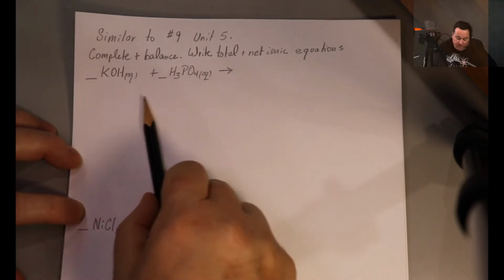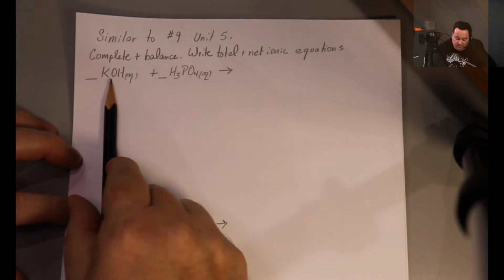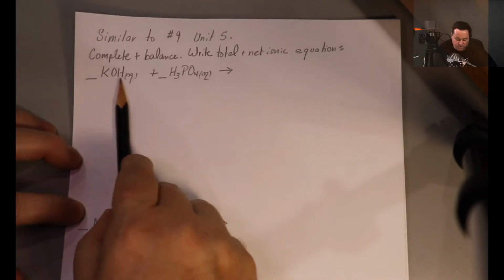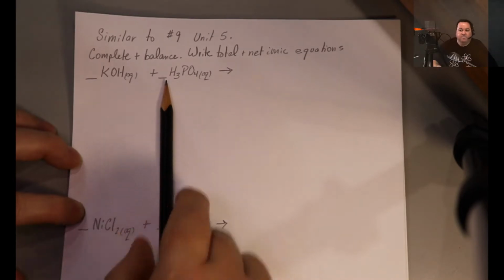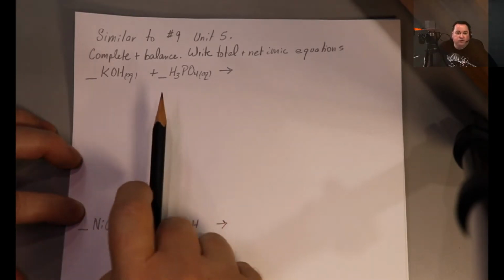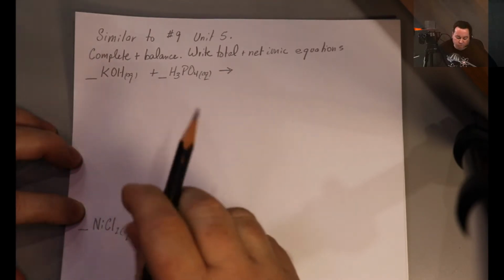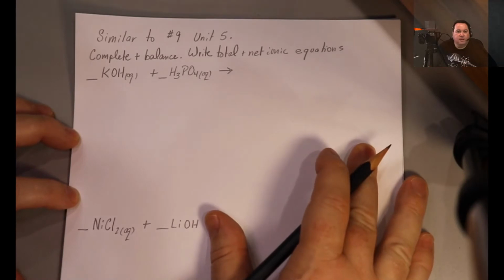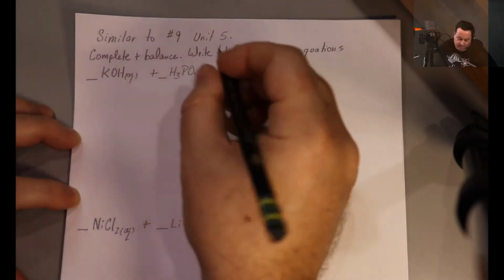So I know that the ions switch pairs, the potassiums go with the phosphates and the hydrogens go with the hydroxides. So depending on your perspective, it's not a true double displacement, but it sort of follows the same pattern. So some people consider it a double displacement and some don't. It all depends on how you look at it.